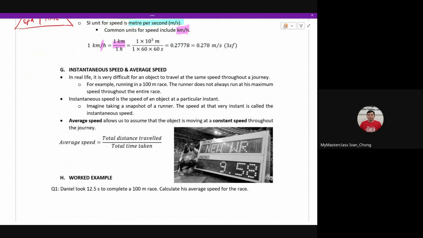So what exactly is instantaneous speed? It is the speed at that instant. Just imagine you take a picture. At that moment where you took the picture, what speed is he moving at? That is the instantaneous speed. I believe if some of you take the bus, if you go into a bus interchange, sometimes you might see there's a speed detector.